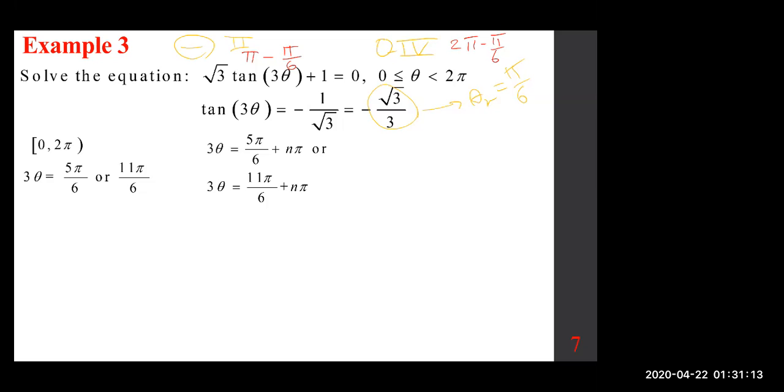And so when you divide both sides by 3, you get theta equals 5 pi over 18 plus n pi over 3. Theta equals 11 pi over 18 plus n pi over 3. Now, is everybody okay up to here?